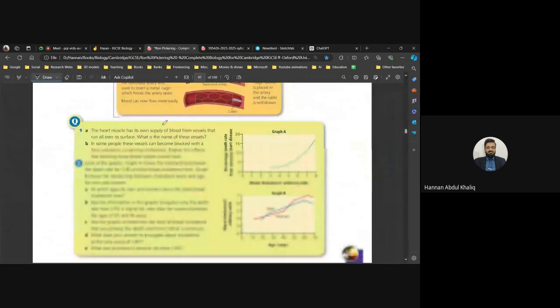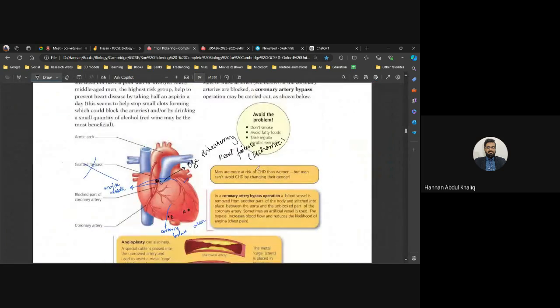But when it comes to the blockage, the heart cells would die, and that part of the heart would appear decolorized, or you can simply say it would appear black. So, what are the causes?